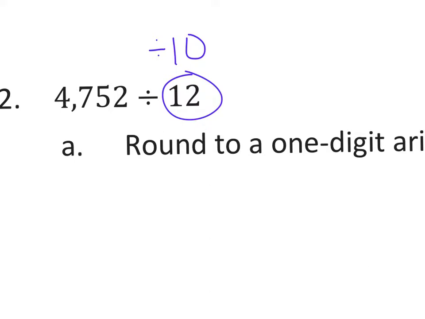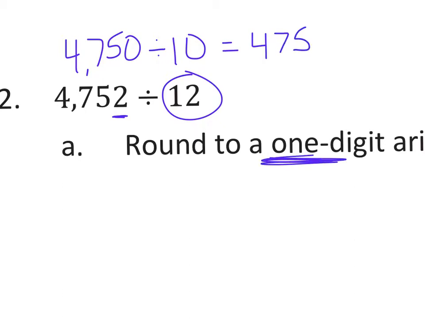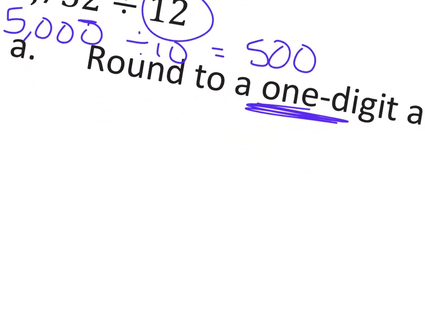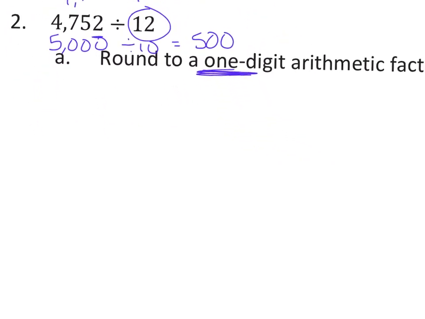And then if you did leave it at 4,750, you only change this digit, then you know your answer has to be close to 475. However, that doesn't get us the one-digit fact, so we're going to round it to 5,000 divided by 10, which is going to give us 500. So again, if I had 500 tens divided by 1 ten, I have 500.